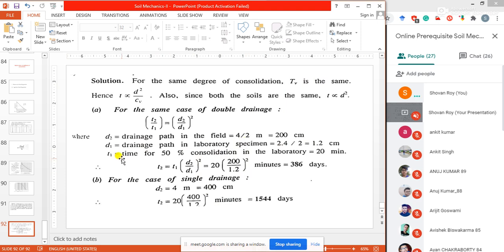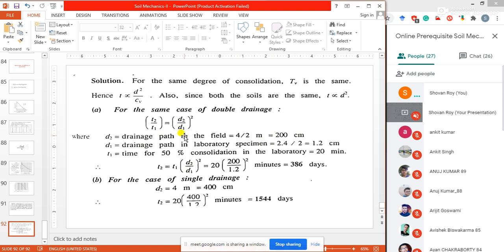Remember, T1, the time for 50% consolidation in the laboratory, is 20 minutes. Now T2, from this formula, T2 equals T1 D2 square by D1 square, equals 20 into D2 200, because our actual height in the field is 4. Due to double drainage, we have divided by 2, that is 2 meter or 200 centimeter, and by 1.2.